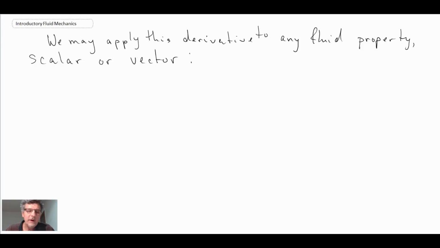Although we've written this for the acceleration, it turns out that we can use this for any fluid property, be it a vector or a scalar.